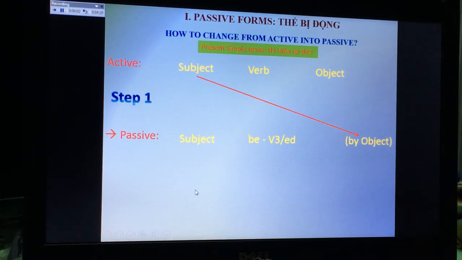So I remind you again. To change a sentence from active to passive, the first step, we bring the subject to become an object for the new sentence. We put it after by. And the next step, we bring the object to become the new subject for the passive sentence.